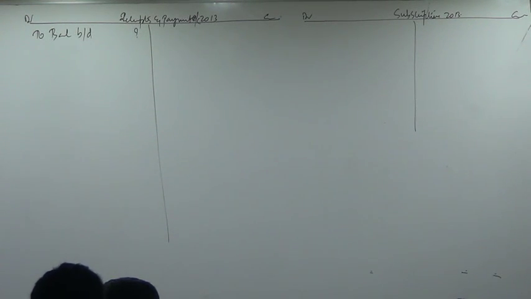By subscription, 17,320 is shown as income, but you are given receivable at the beginning and end, and received in advance at the beginning and end. So let us show all that information in the subscription account.